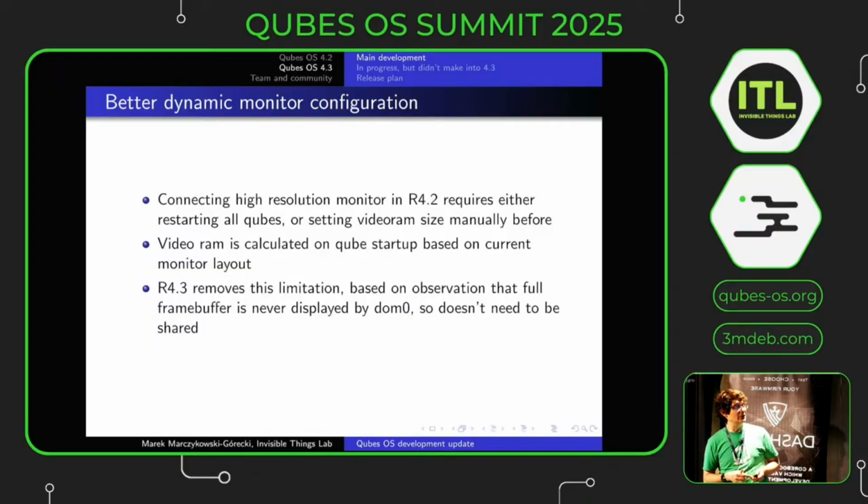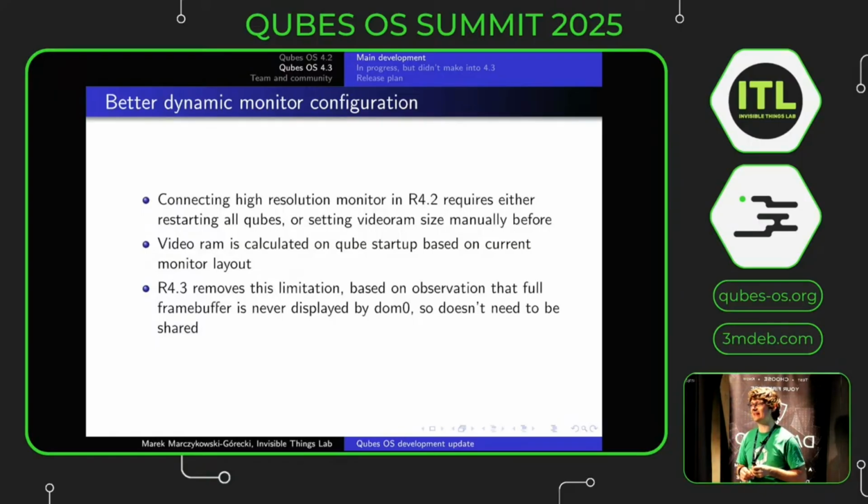And on the graphical side, I don't know how many of you hit this issue before, but when you connect some external monitor or projector or whatever that has a bigger resolution, the mouse doesn't work on that monitor anymore.